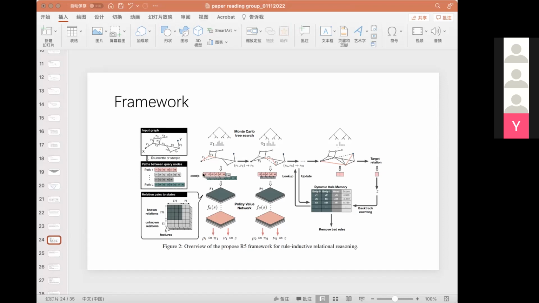Now we can reduce this long path into a shorter path by replacing R1, R2 with R3. By recursively conducting this process again and again, finally we will achieve a single relation to represent the whole relational path. And this single relation should be the target relation we observed. So that is the basic idea of this framework.